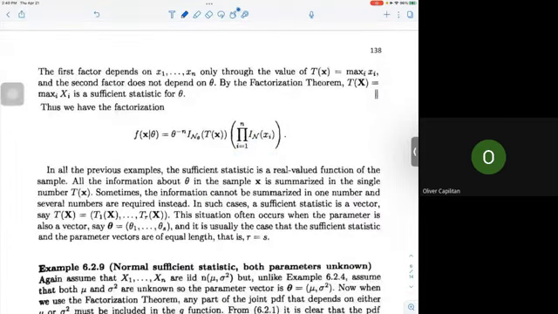So in our first 3 examples, we have a sample of random variables. No, we have a vector of random variables, and we just consider only one parameter, theta. But it could possibly be a vector of parameters.